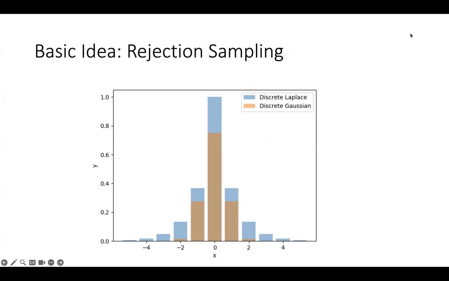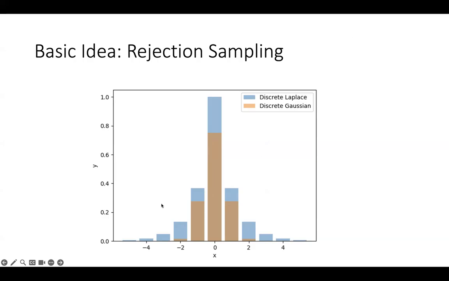What I can do is sample from the discrete Laplace distribution and then decide whether or not to accept the sample. And if I don't accept the sample, I'll try again. And then I output a sample from this new distribution, the discrete Gaussian.